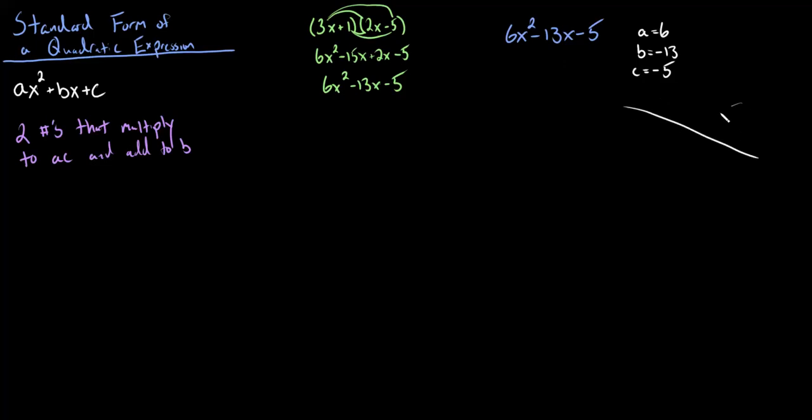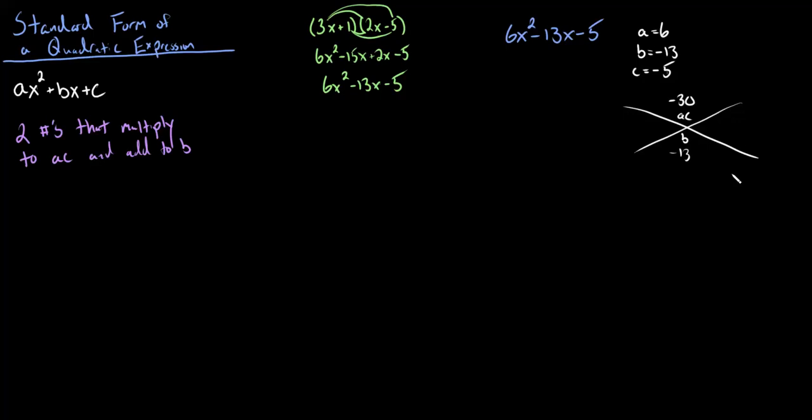So in this case, you can organize your information with an X, with a box. There's a bunch of different ways of organizing the information. I'm just going to go ahead and use an X. So I want to find two numbers that multiply to AC, which in this case will be 6 times negative 5, which is negative 30, and add to B, which is negative 13, okay? Now, that's what I mean by you have to have a good sense of numbers.